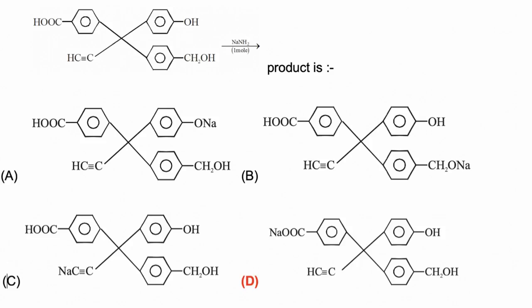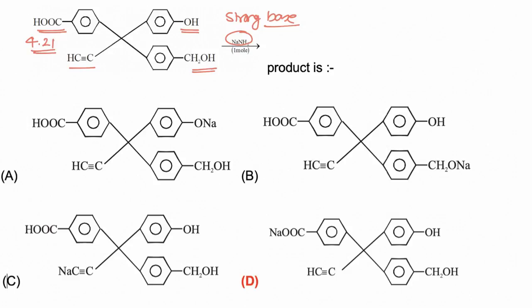In this question we have to find, when 1 mole of NaNH2 is treated with the molecule, which of the following products is formed. So NaNH2 is a very strong base. Now this strong base will react with that acid which is most acidic. So out of COOH, phenol, alcohol and alkyne, benzoic acid is most acidic because its pKa value is approximately 4.21.